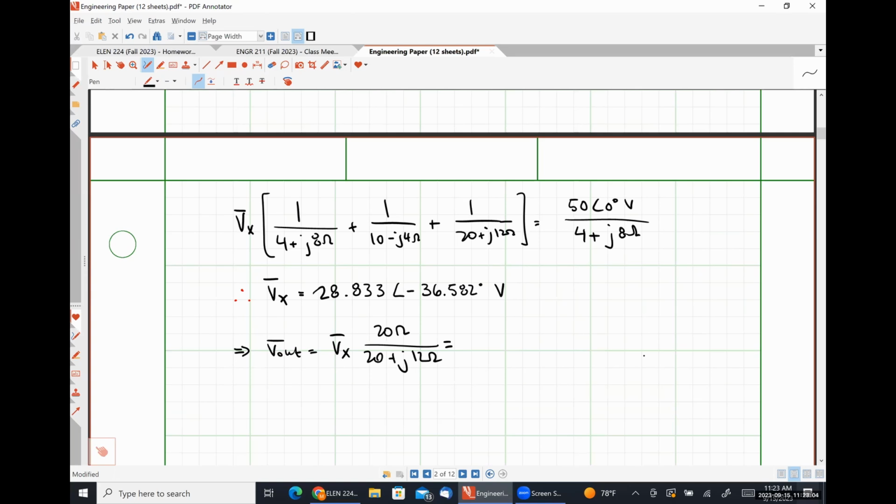Which I get to be 24 with an angle of the answer times 180 over pi, negative 67.545. I'm turning my calculator back to degree mode like a sane person.